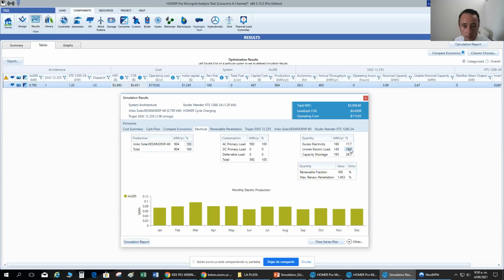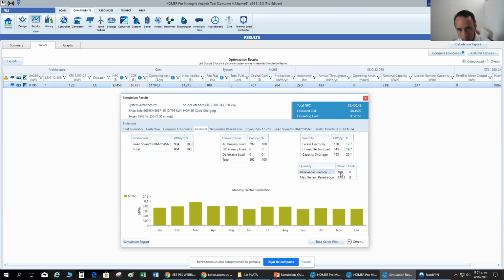So be careful with this, because this is telling us that almost 20% of the time, the system cannot meet the electricity demand. And this is the way the solar system is working and producing electricity every single month. How much of the electricity is from renewable energies?